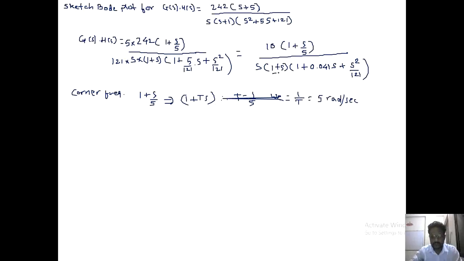Second, this term, simple zero 1 plus s, again compare it with 1 plus Ts. For this T is equal to 1, as well as omega c is equal to 1 by T, so 1 by 1 is 1 radian per second. Now what about the quadratic pole? We can't compare this quadratic equation with a simple 1 plus Ts.